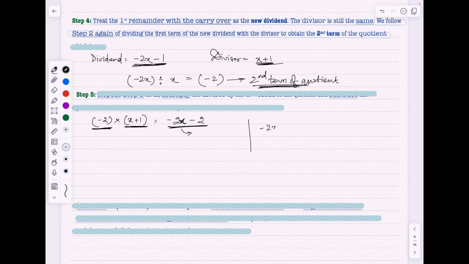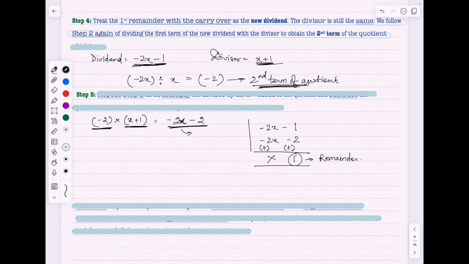Dividend is minus 2x minus 1. You subtract this product, minus 2x minus 2. What will you get? This minus will become plus in subtraction. So minus 2x plus 2x is 0. Minus 1 plus 2 is 1. So here we are getting 1 as the remainder.